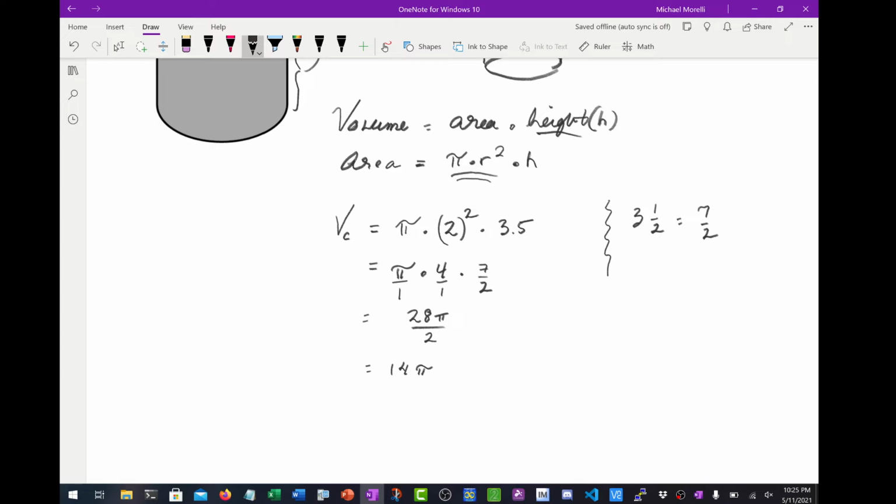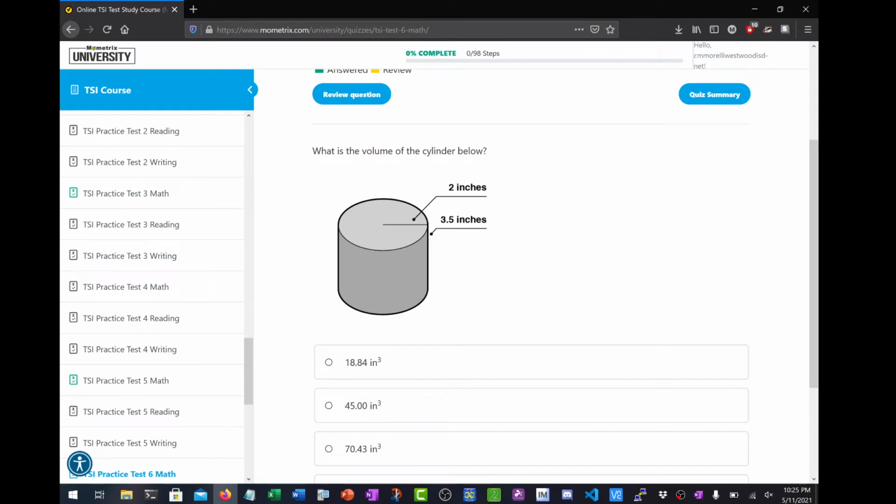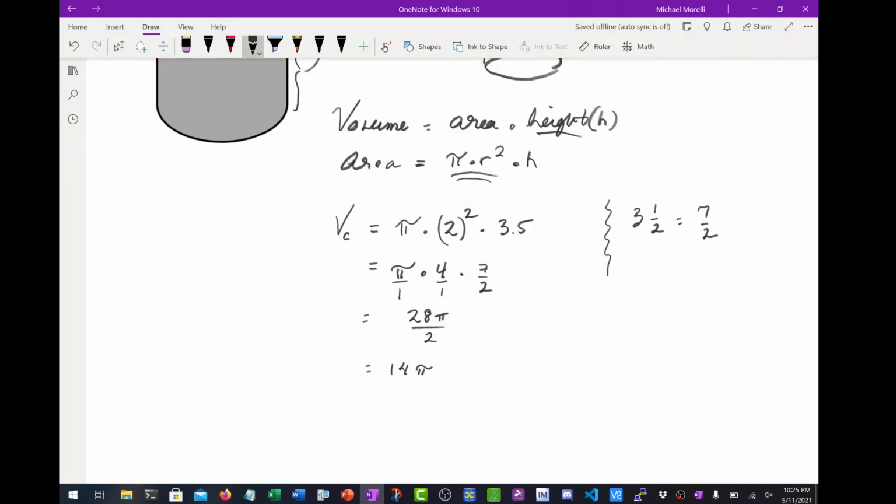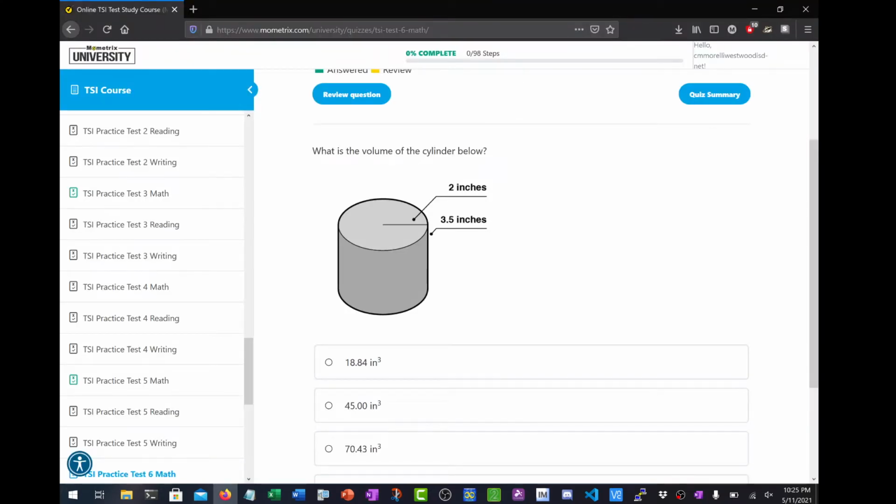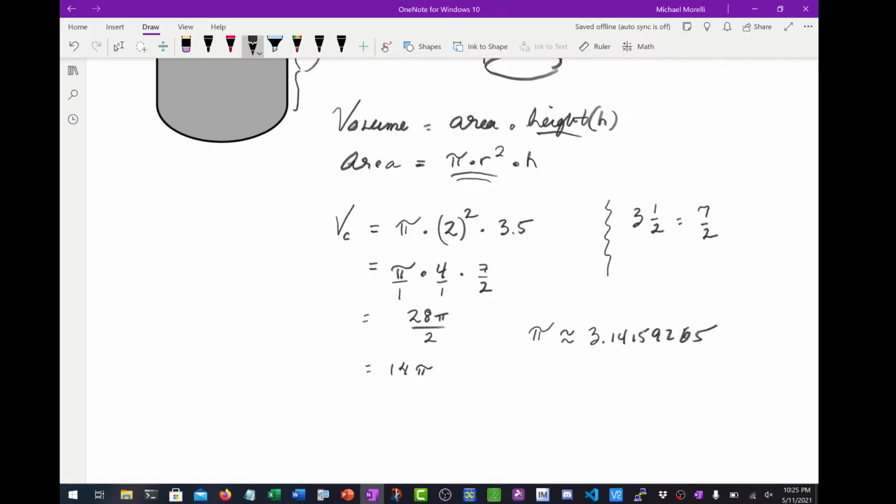And I don't know if they want us to approximate it or not. Let's go back and look at the answers. Yeah, they want us to approximate it. So we need to approximate pi. So pi is approximately equal to 3.14159265. And just based on the answers, I see they're going out 2 digits.